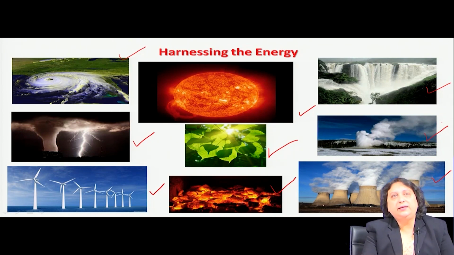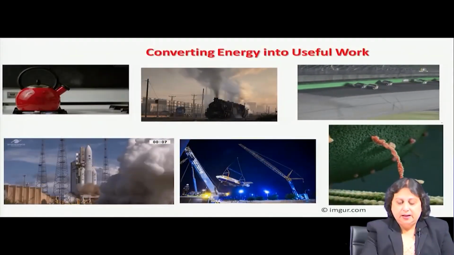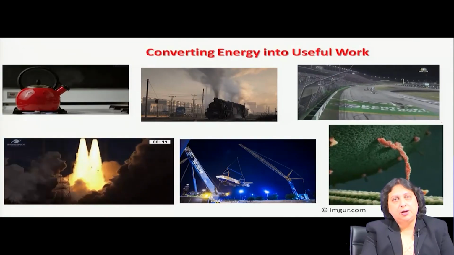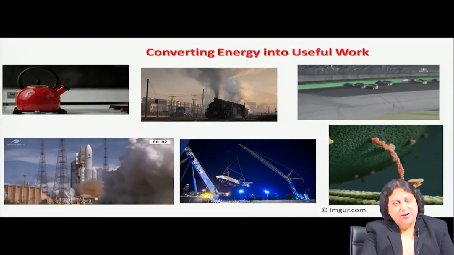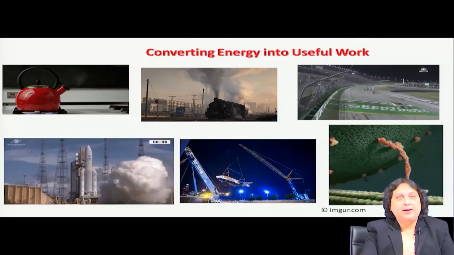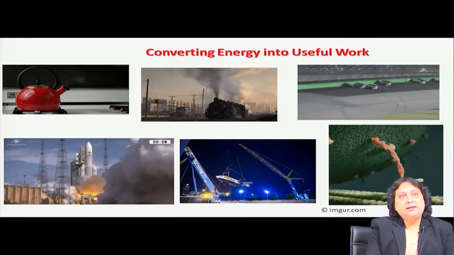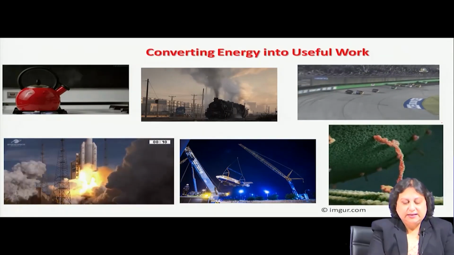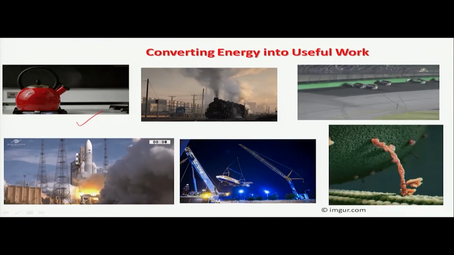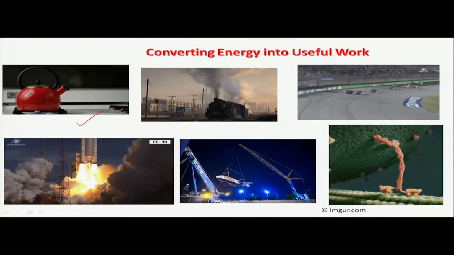Now, when I go further, as you see, we have indeed been able to harness energy from certain sources. It was long back when we made the observation that the steam coming out of the kettle can actually push the lid of the kettle up.